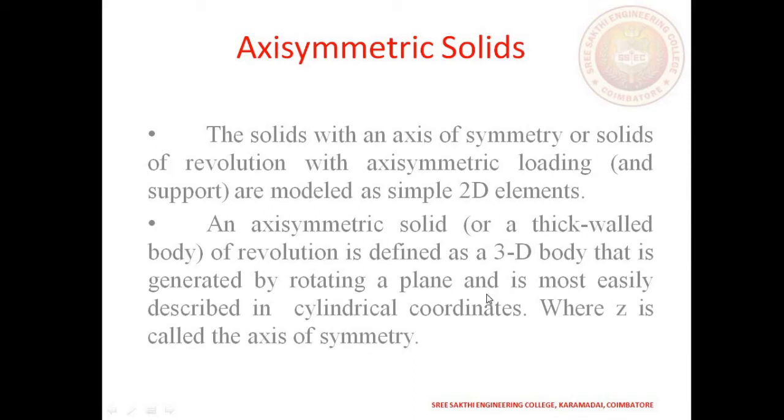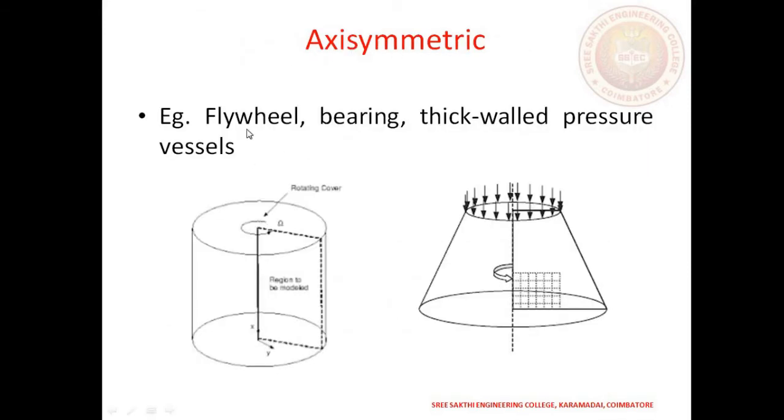The upcoming slide will discuss examples of axisymmetry. So these are the examples: flywheel, bearing, thick-walled pressure vessel, tank, pipe. These are called axisymmetric.